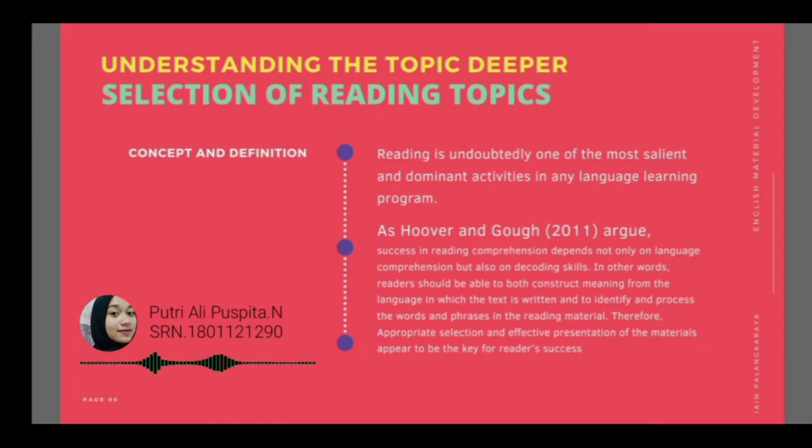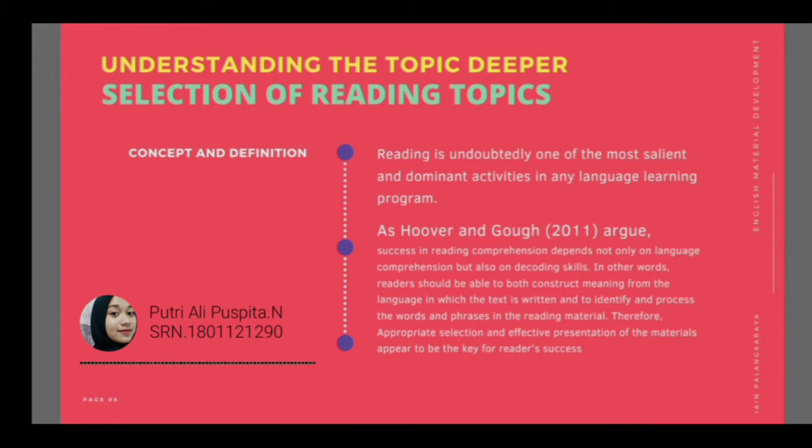Selection of reading topics. Reading is undoubtedly one of the most salient and dominant activities in any language learning program. As Hoover and Gough 2011 argue, success in reading comprehension depends not only on language comprehension but also on decoding skills.